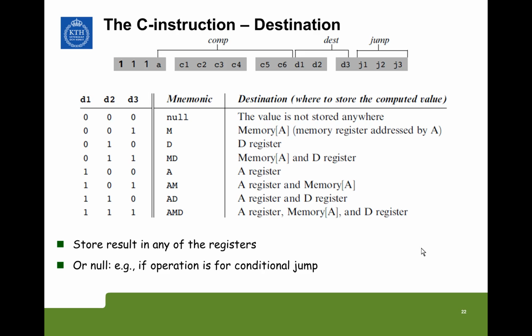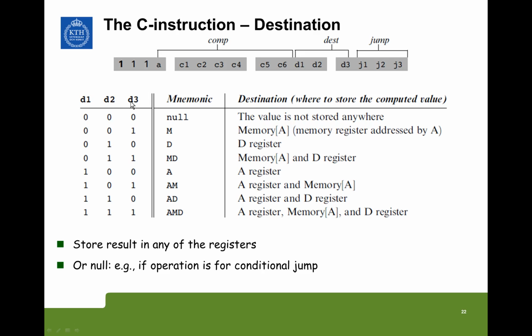The instruction destinations, here we have 3 bits, and these 3 bits will define possible destinations to store the result of the computation and combinations of those. And again you can see that it is very well organized.